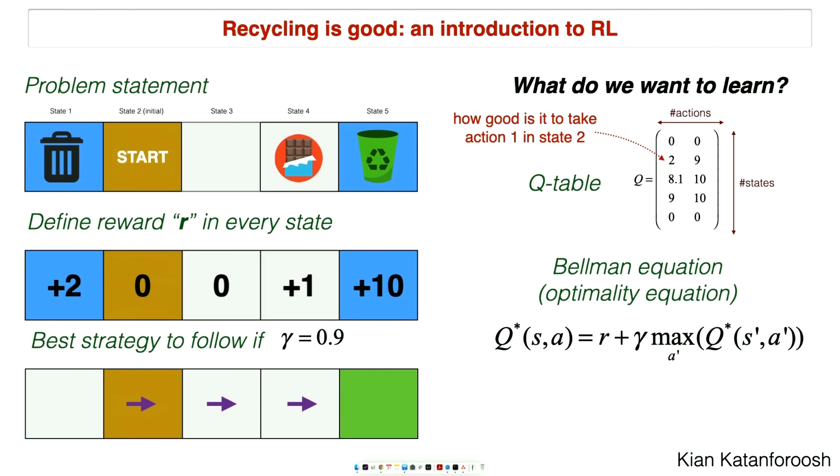Let me explain this equation for you because it's super important. This equation is called the optimality equation because your optimal Q table will follow this equation. If you have finished the game, this equation can be applied to any state action pair and it will still be true.